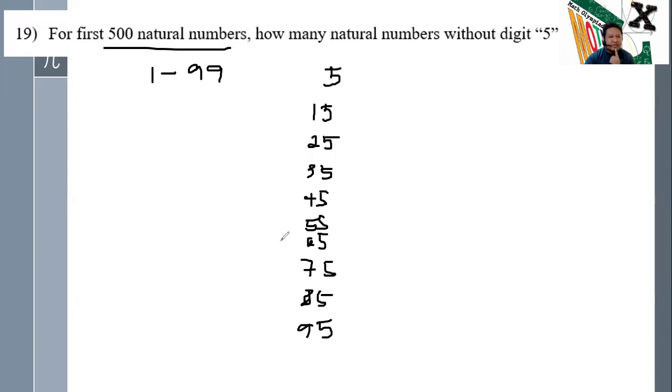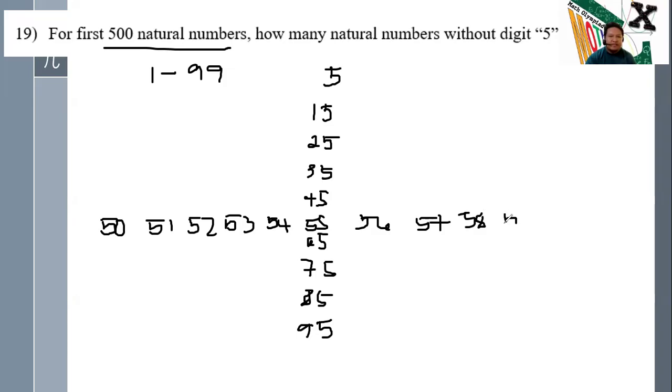Then the 50s: 50, 51, 52, 53, 54, 55, 56, 57, 58, 59. Sorry for my handwriting. So as you can see, in 1 to 99, these are the numbers that have 5.